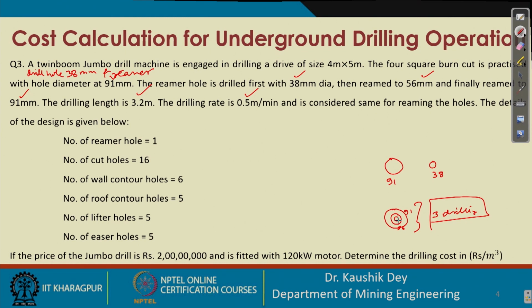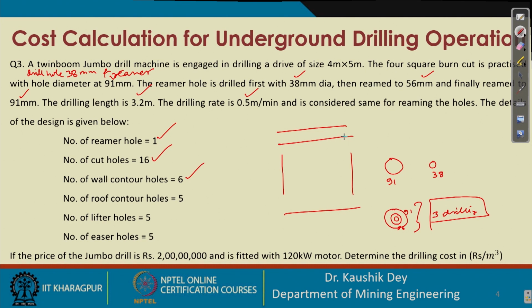And the detailed design is given: reamer hole is 1, cut holes 16, as it is a 4 square burn cut, wall contour holes are 6, that means 3 on this side, 3 on this side, roof contour holes 5, lifter holes 5, and reserve holes 5, meaning there is 1 row of reserve holes also available here.